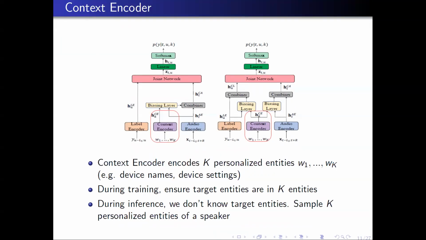The context encoder encodes contextual or personalized entities such as contact names or device names. The hypothesis is that target entities exist in the K entities. During training, we can ensure this because we know the target transcription.